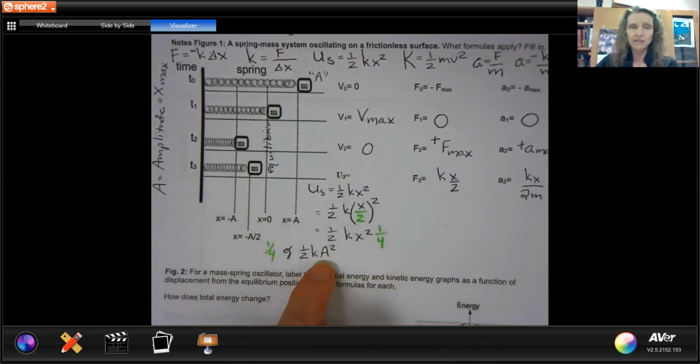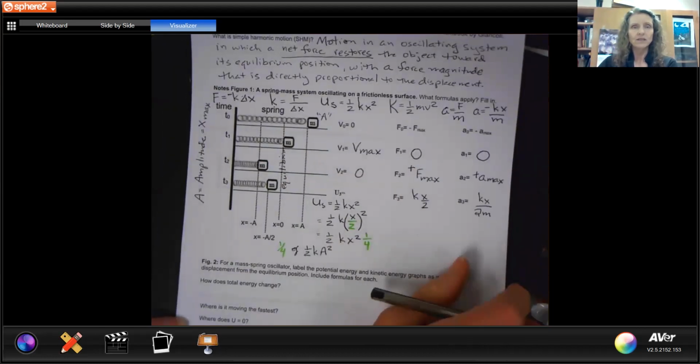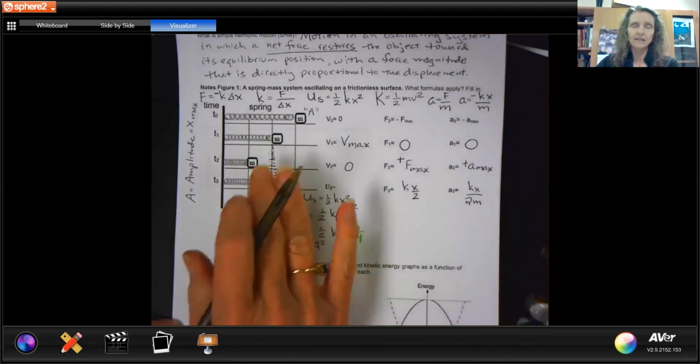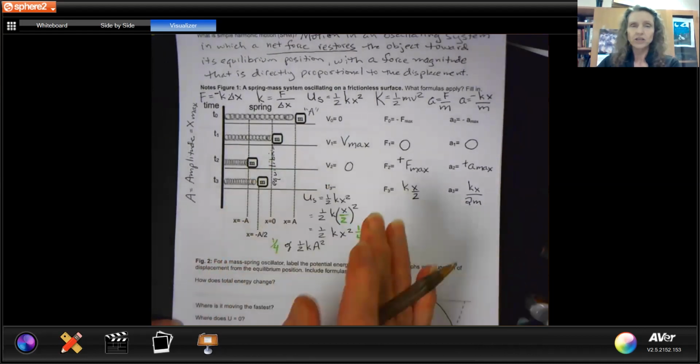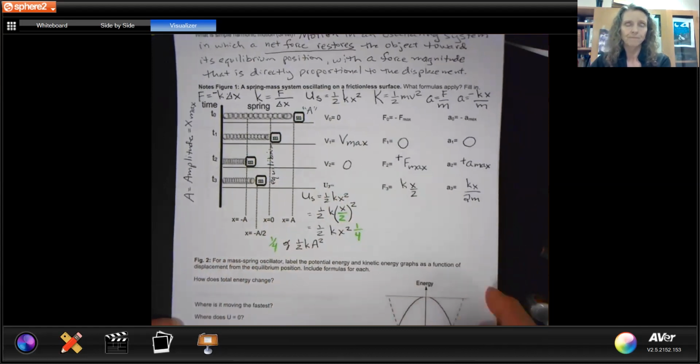Because 1/2 kx squared for x max, all right? So it's not, when it's halfway back, it is not at half of the energy, okay? All right, well, that is worth studying. So that's one of the things you probably will be asked about on tests in this area. You know, what's the situation for force, acceleration, velocity, and maybe potential energy at those locations?